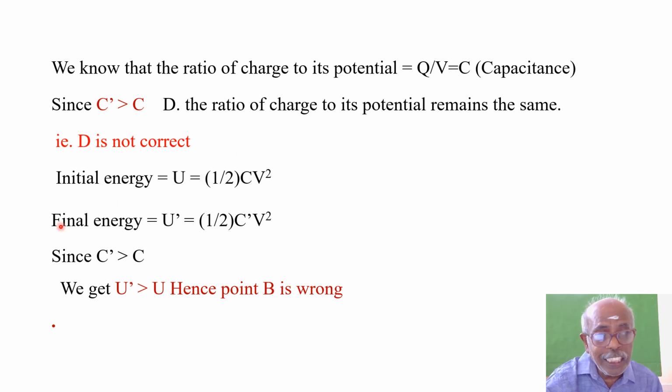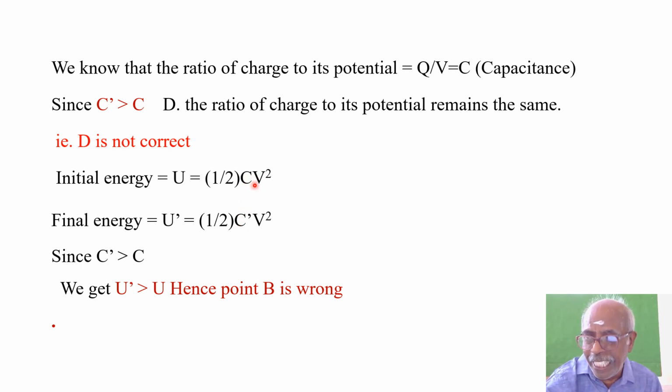Okay. Initial energy U is equal to half CV square. What does it mean by initial energy? Before moving the plates closer, U is equal to half CV square. Final energy after the plates moved closer, U dash is equal to half C dash V square. Sir, why not V dash square? V is a constant, already we told you that. Okay, but C is different. C has increased, is it not?